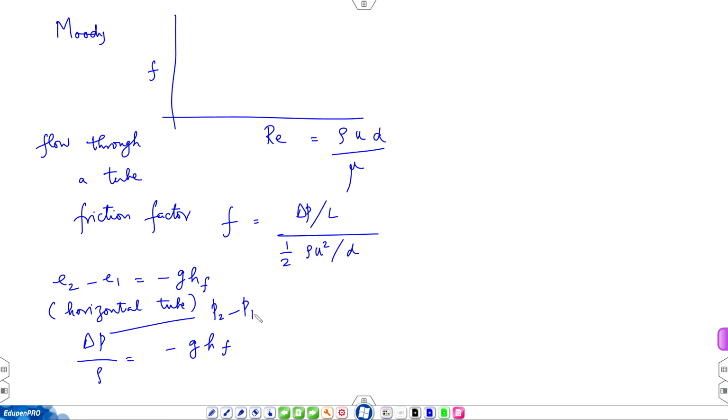Now, the friction factor is reported as a positive number. So, F is not negative.